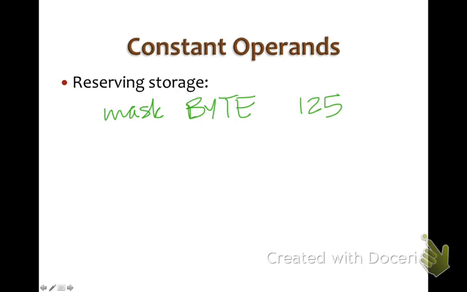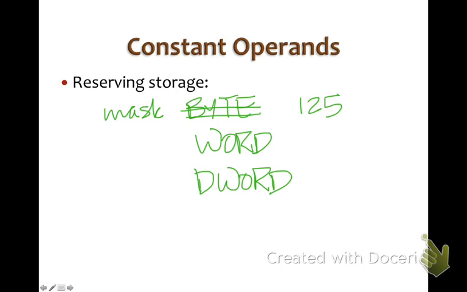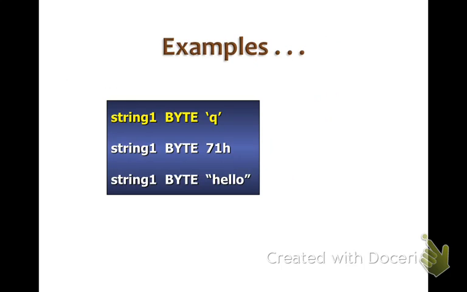That allocates 1 byte of memory. I could say word. That's another directive that allocates 2 bytes. I could say D word. I could say Q word for quad word. Okay? All right.